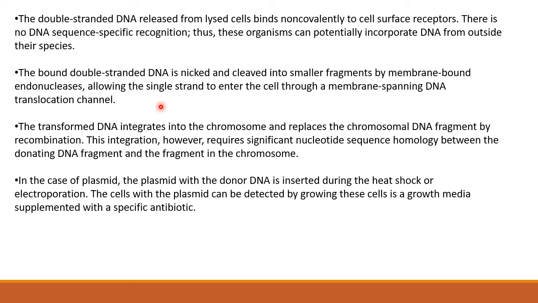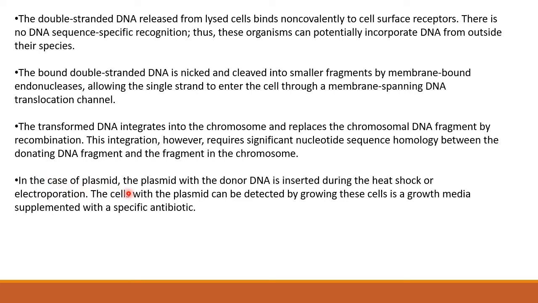The transformed DNA then gets integrated into the chromosome and replaces the chromosomal DNA fragment by recombination. The integration, however, requires significant nucleotide sequence homology between the donating DNA fragment and the fragment in the chromosome. Then the DNA fragment can be replaced by recombination.